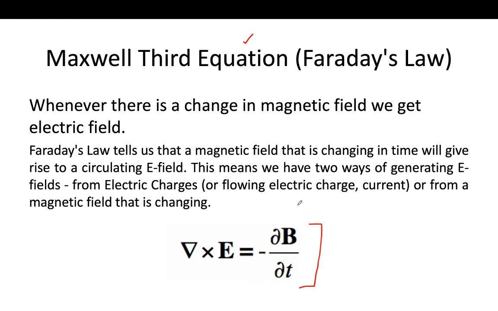How? You remember in our previous lecture we studied that if there is a magnetic field and if we pass or put a conductor wire through the magnetic field, there will be electric current in there because of the magnetic field.